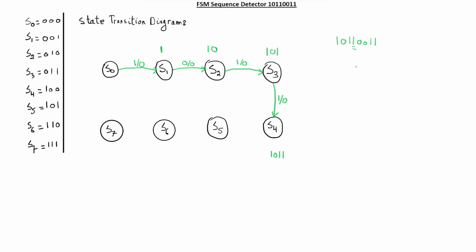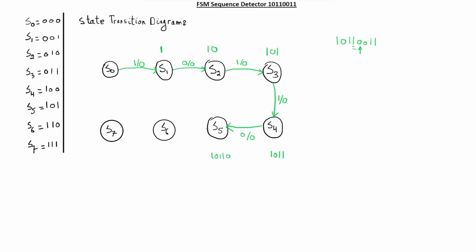At S4, if we enter another 0, we go to the next state, S5, and the output is 0. Then at S5, we detected 1, 0, 1, 1, 0.